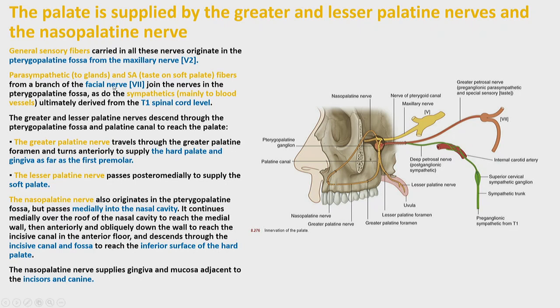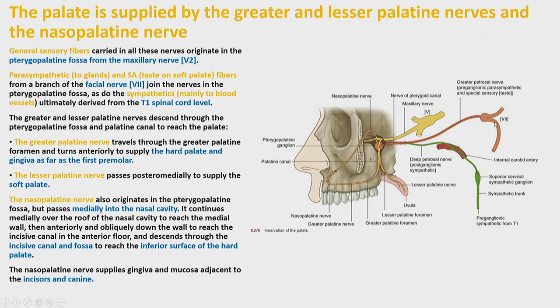And the sympathetic source is coming from the T1 segment of the spinal cord, that we are going to discuss in the chapter of the nervous system. It arises as a nerve called the deep petrosal nerve, and it joins with the greater petrosal nerve, and they make the nerve of the pterygoid canal, or Vidian canal.